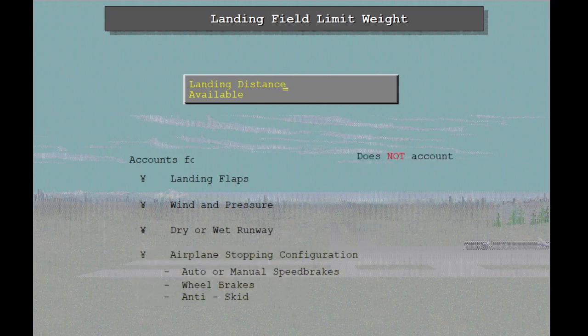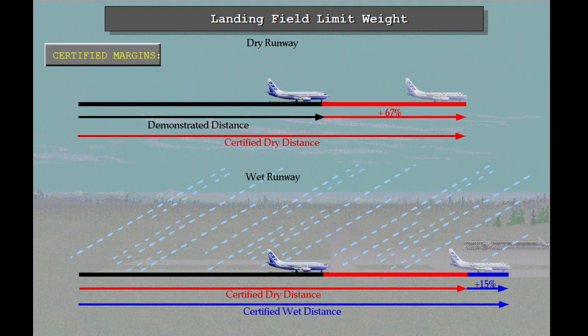The landing field limit weight does not directly account for runway slope, non-standard temperature, or approach speed additives. These considerations are protected by the margins used to define certified landing distance.